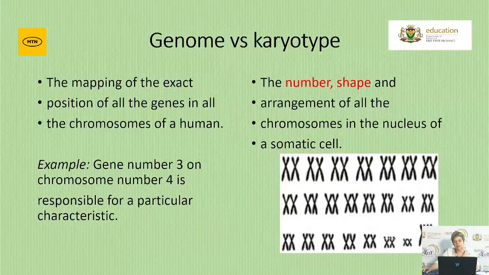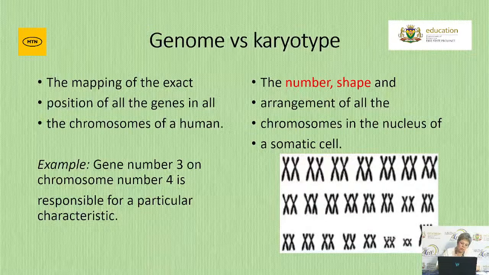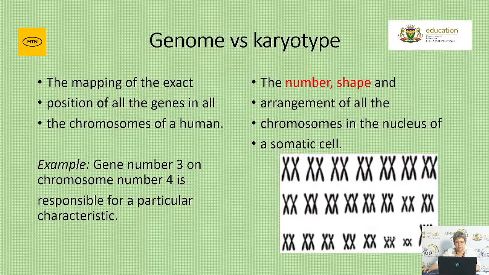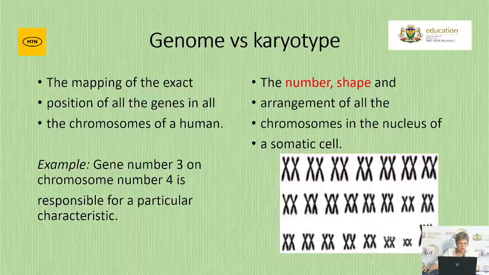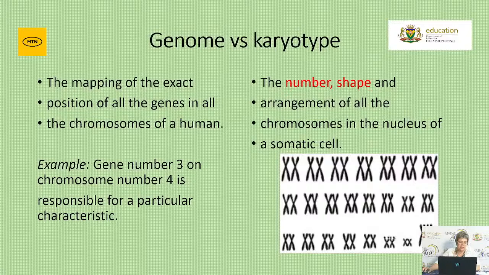But a karyotype refers to the number and shape of your chromosomes, and we can make a lot of conclusions with a karyotype. We will come to that. So very important, the difference between a genome, all your genes. If you get a question asking for one word, the biological term, for all your genes, it is a genome.